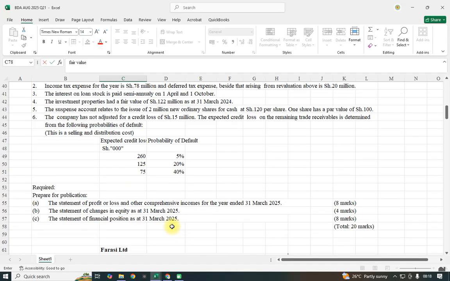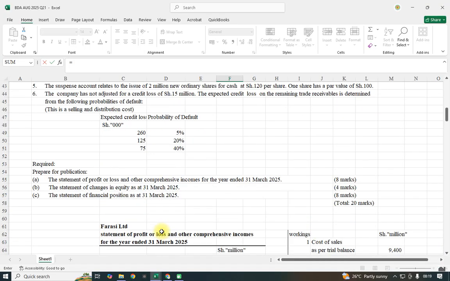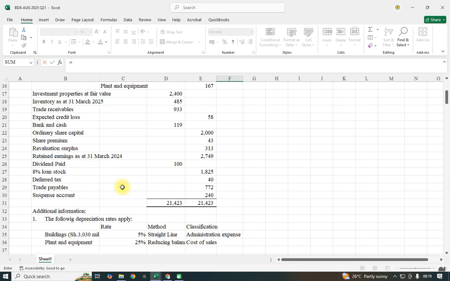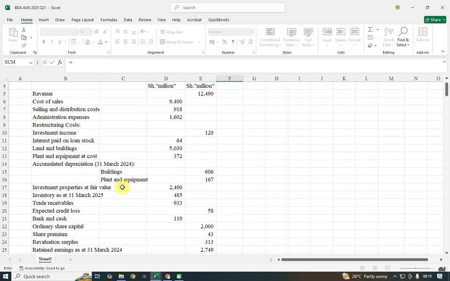So we shall have fair value gain on investment property. The values are not adding up. But what do we say?